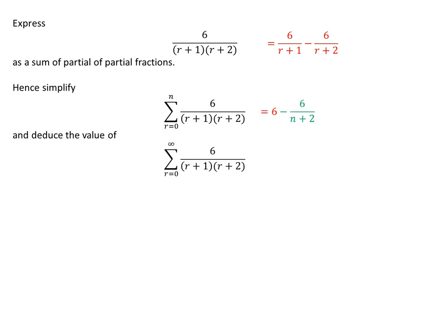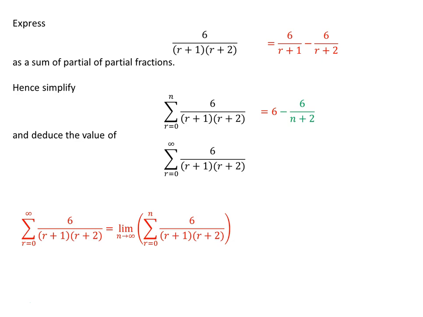Moving to the final part of the question, we've got to deduce the value of the sum between r equals 0 and infinity of 6 over (r plus 1)(r plus 2). Well, the sum between r equals 0 and infinity of an expression is always defined as being the limit as n tends to infinity of the sum between r equals 0 and n of that expression.